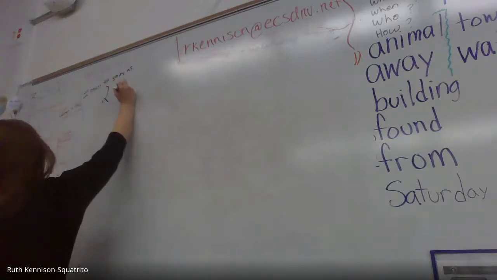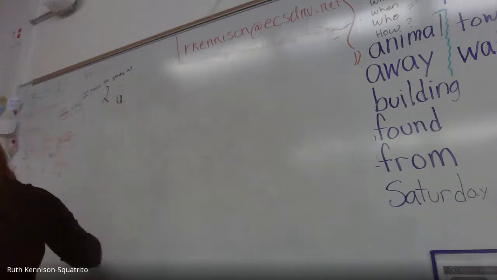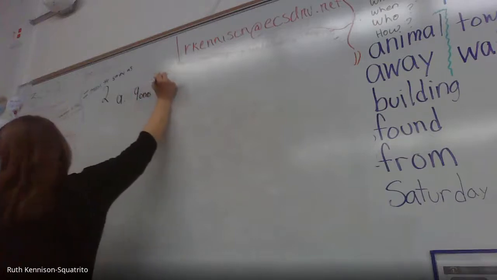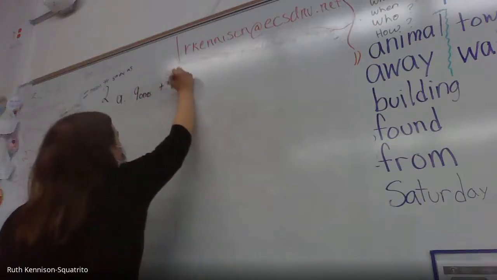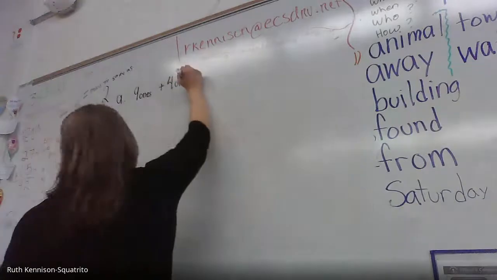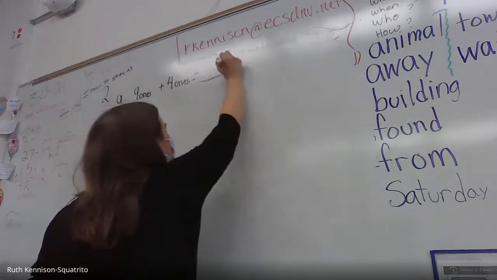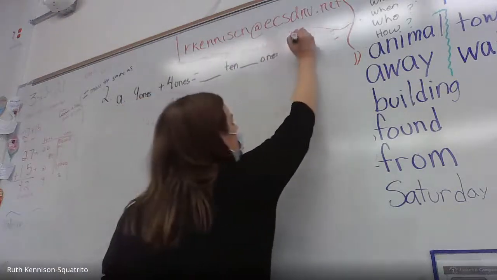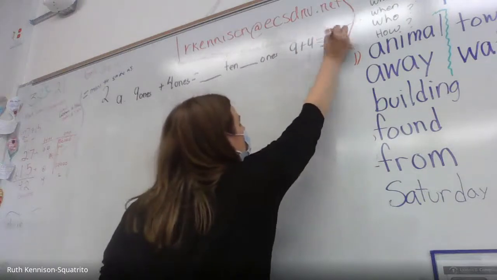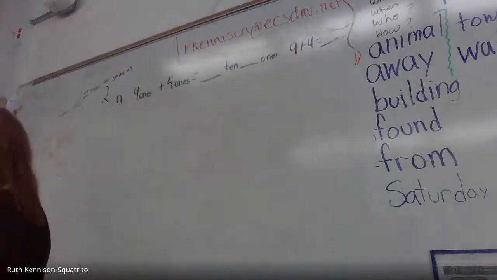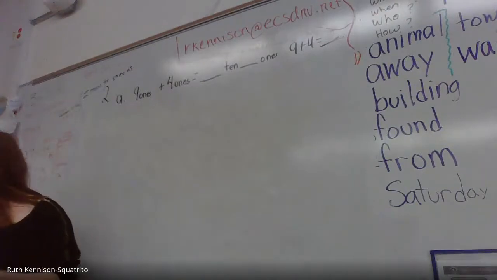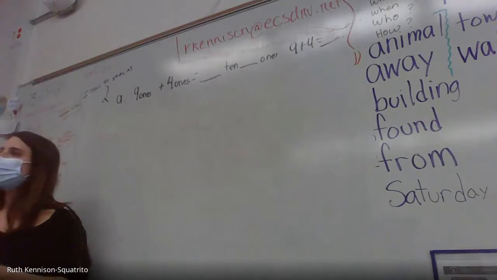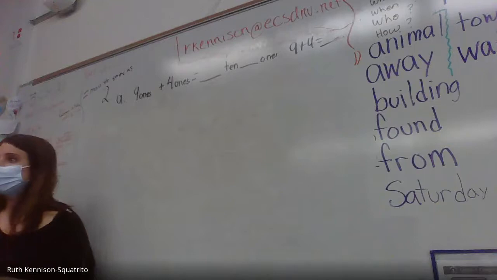Okay? So now problem 2A, it says 9 ones plus 4 ones, right? That's essentially just 9 plus 4 equals, and then it says blank 10 blank ones. And then it says 9 plus 4 equals blank. Okay. What is 9 plus 4? 13.